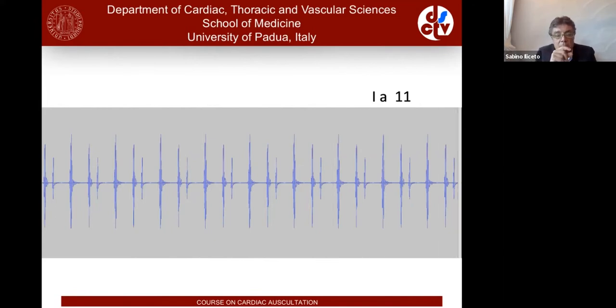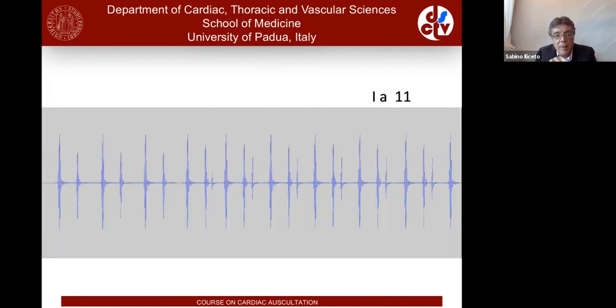So another example, again, it will be a gallop rhythm, a ventricular gallop rhythm. Here is the new example.